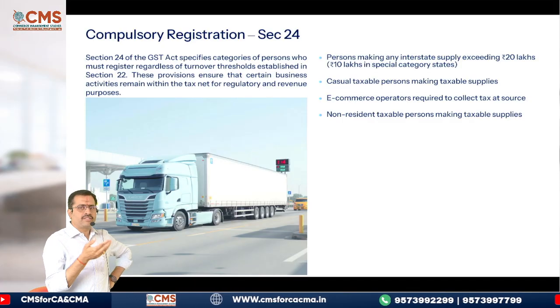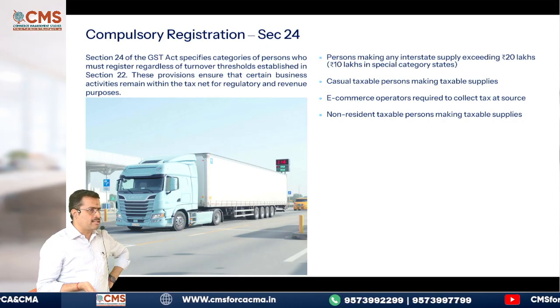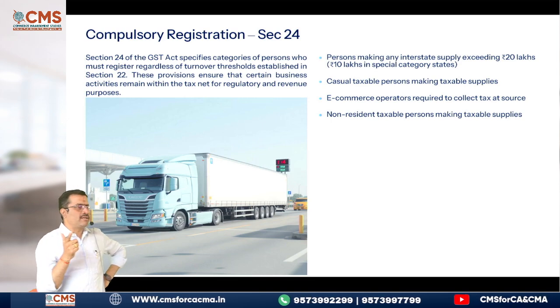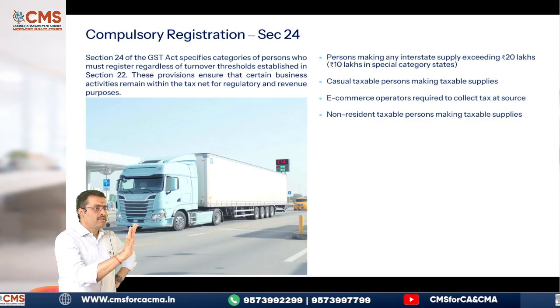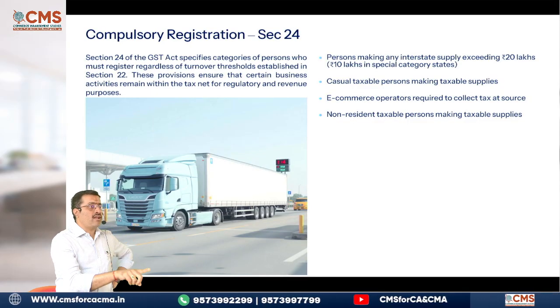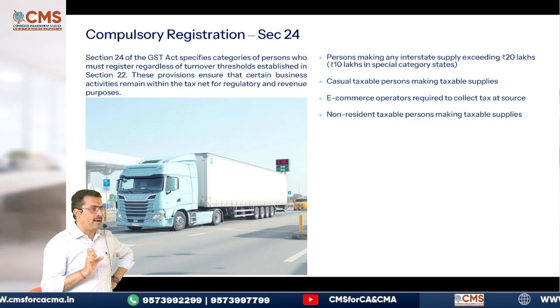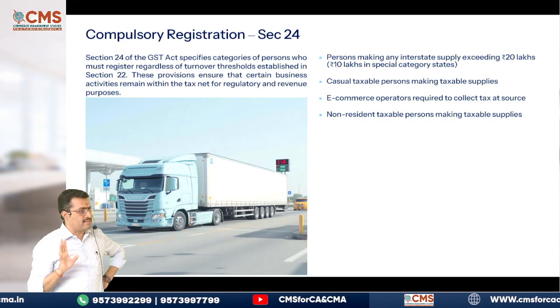But let me tell you, since the point has come, and we are also in the compulsory registration concept, this casual taxable person and a non-resident taxable person must apply for registration 5 days before they start the business. And they also have to deposit tax in advance for the period for which the registration is granted. Maximum period for which the registration will be granted is only 90 days.